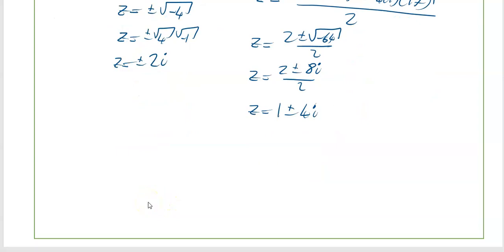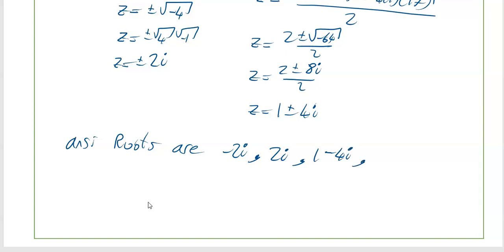So your final thing, just say your answer. Roots are: we had minus 2i, we had positive 2i, we had 1 minus 4i, and we had 1 plus 4i, and that is you done for this video.